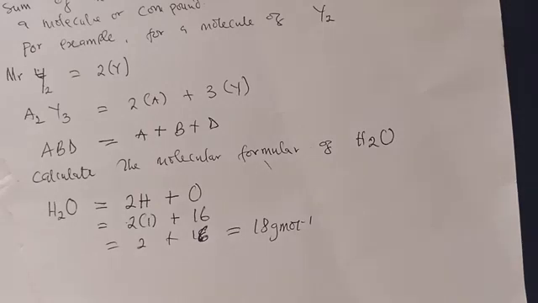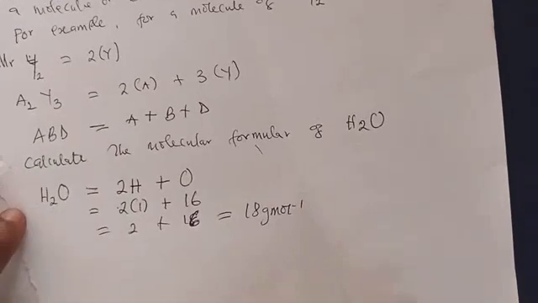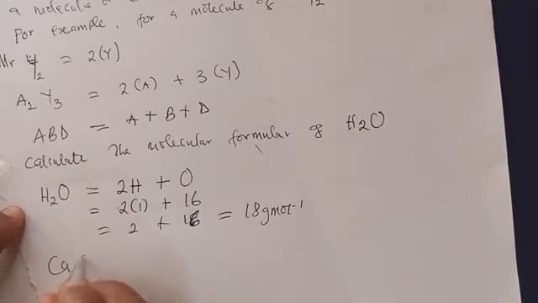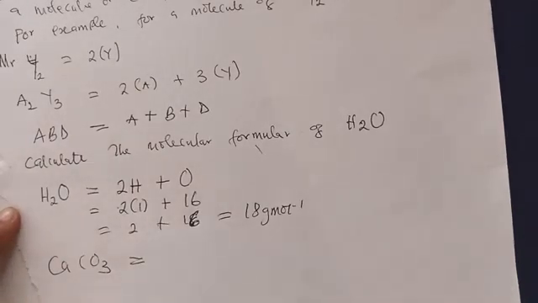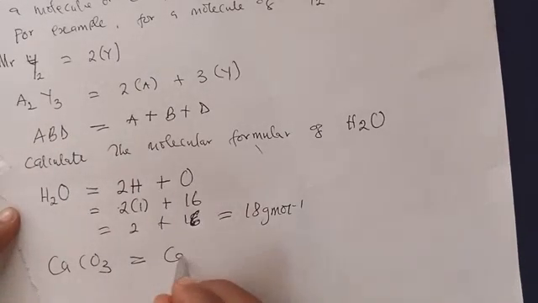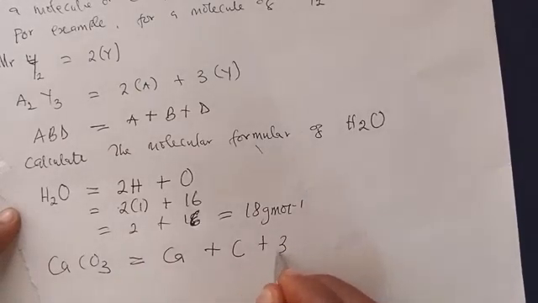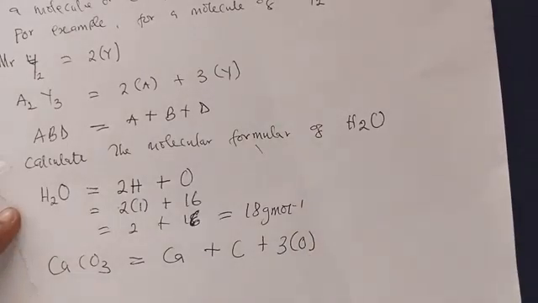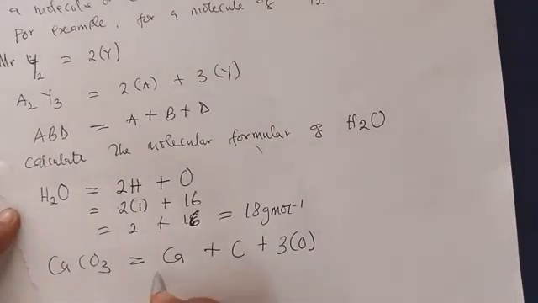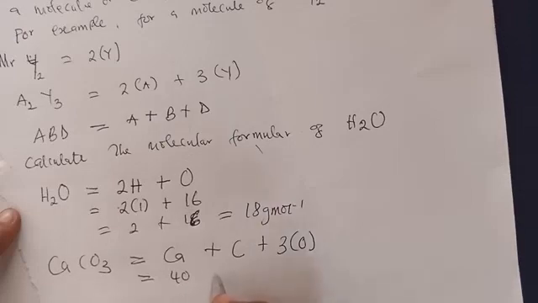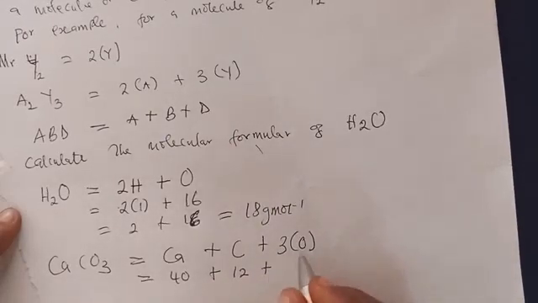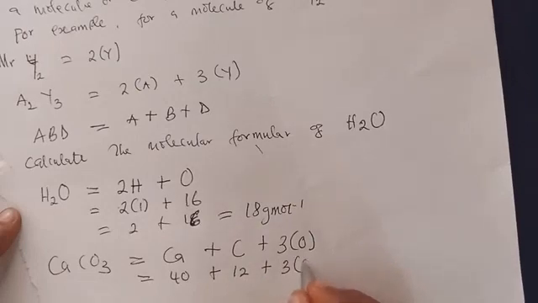Now, let's look for the relative molecular mass of the compound CaCO3. Let's calculate the formula. This will be equals to Ca plus C plus 3 oxygen. The atomic mass for Ca is 40. The atomic mass for carbon is 12. The atomic mass for oxygen is 16.